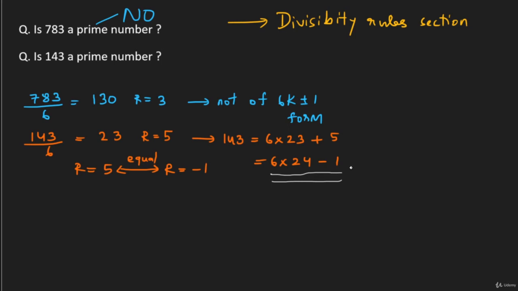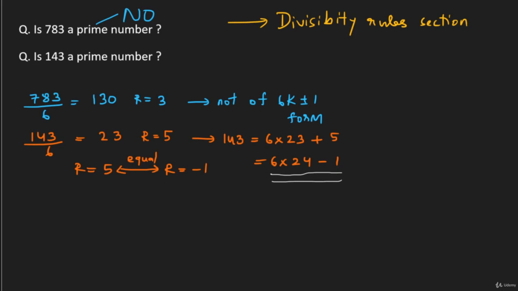Now we have discussed that this alone is not enough to establish 143 to be a prime number. If this was not the case, if 143 was not of the form 6k plus or minus 1, we could have eliminated 143 from being a prime number. But now, as that condition is satisfied, let's check using the method that we discussed before whether 143 is a prime number.